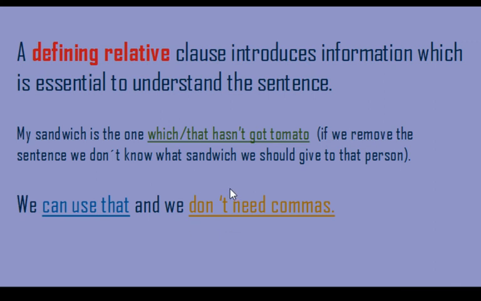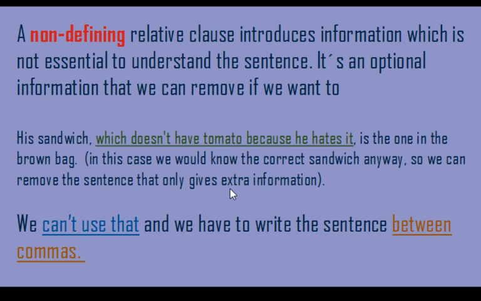I'm mentioning this because this is going to contrast with the non-defining clauses, which act exactly in the opposite way. So a non-defining relative clause introduces information that is non-essential, is optional, is something that we are using to add extra information or to clarify, but we can take this relative clause out of the sentence and we will still understand the whole sentence. It will still make sense.